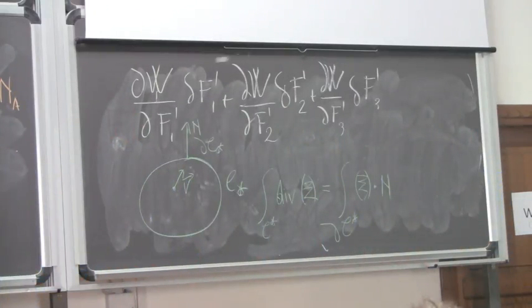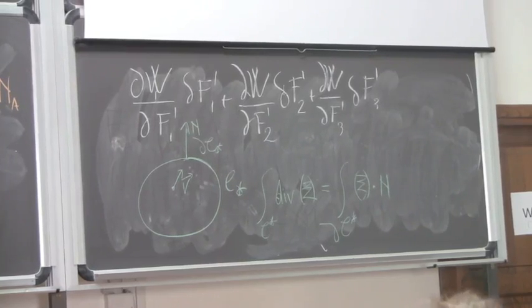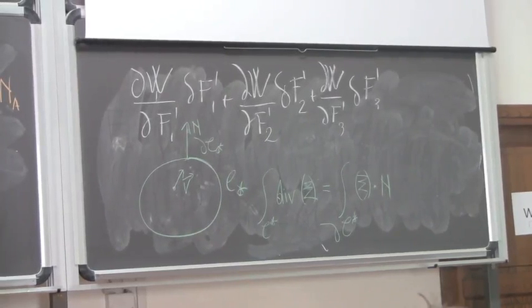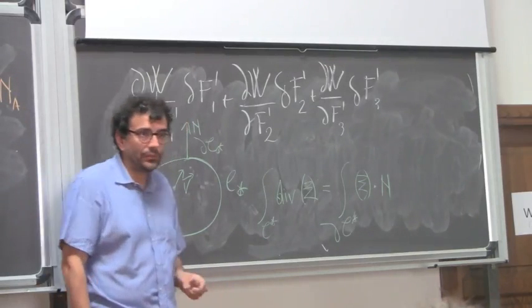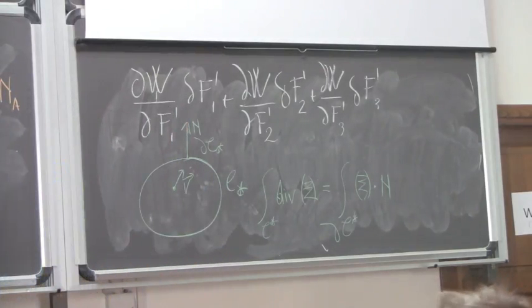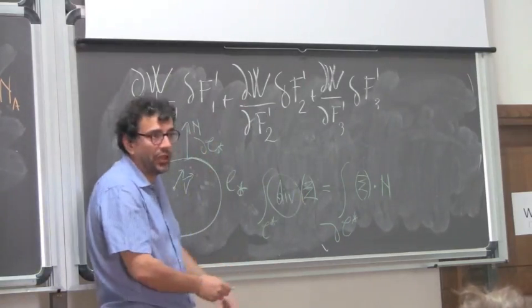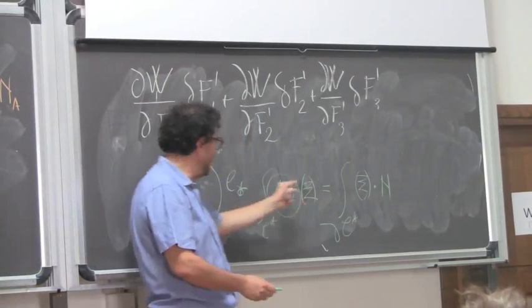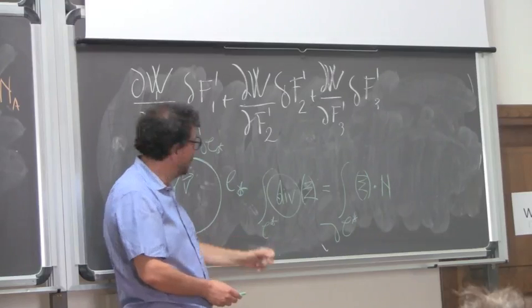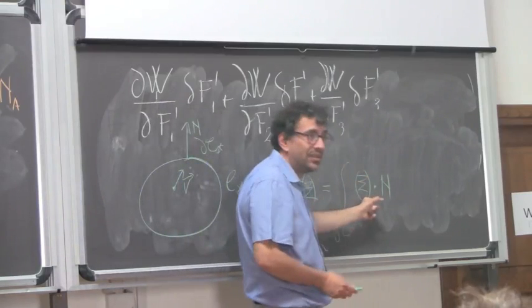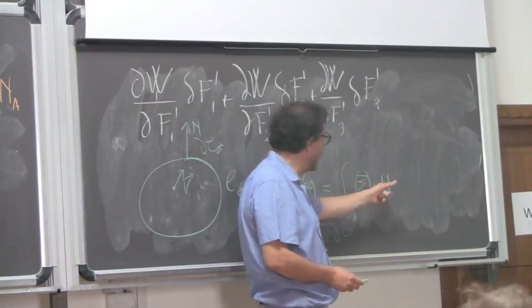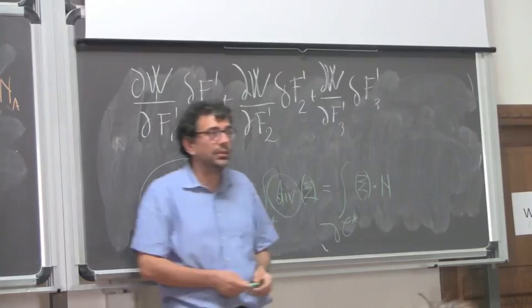Okay? If you have studied some fluid dynamics or some electromagnetism, you must have seen Gauss theorem. Okay? So what we are doing? Instead of calculating the divergence of the solid and then the integral over the volume, we consider the flux of this vector field through the boundary of the domain.